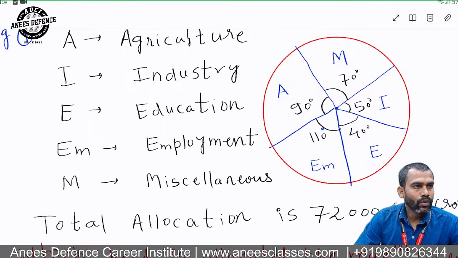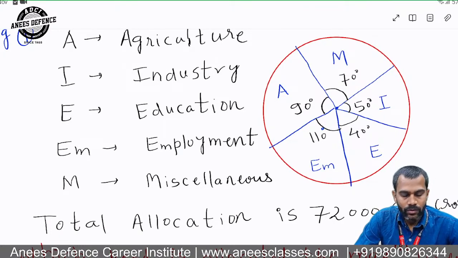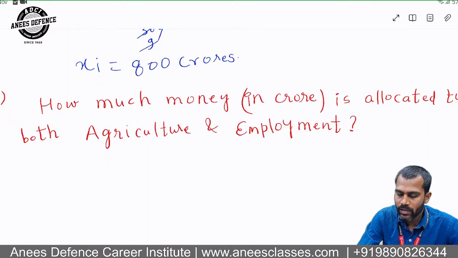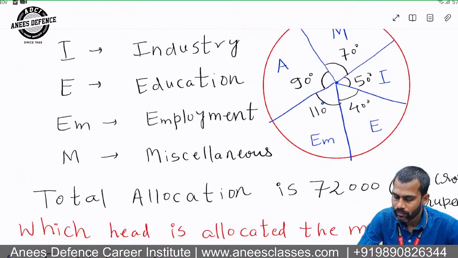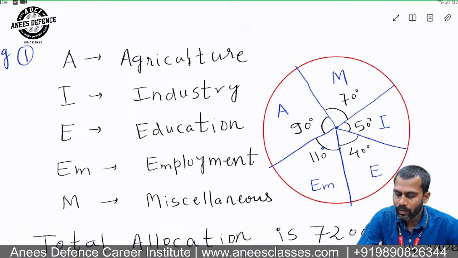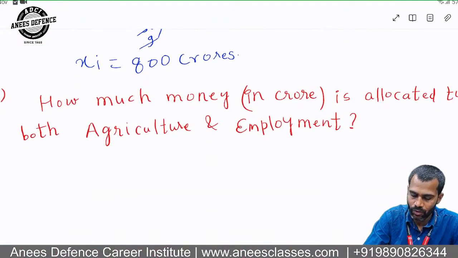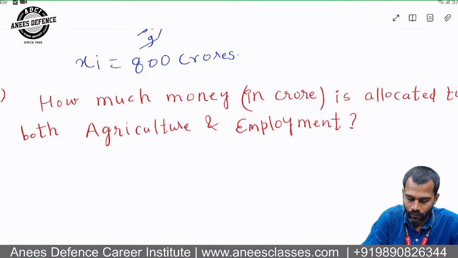So the total amount we have to find, right? What is the angle for agriculture and employment? 90 degree and 110. So can we add both of them? So 200 degree I can use. So again we have to use the formula.